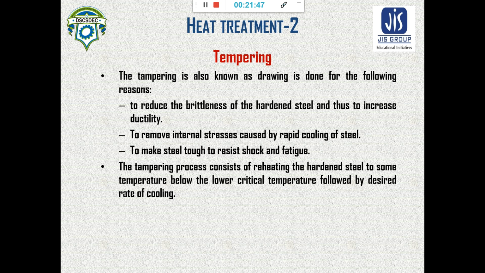Tempering is a secondary process, meaning after the desired hardness is achieved by heat treatment, we may go for tempering. Tempering will partially relieve the residual stress. It can also make the steel tough to resist shock and fatigue.